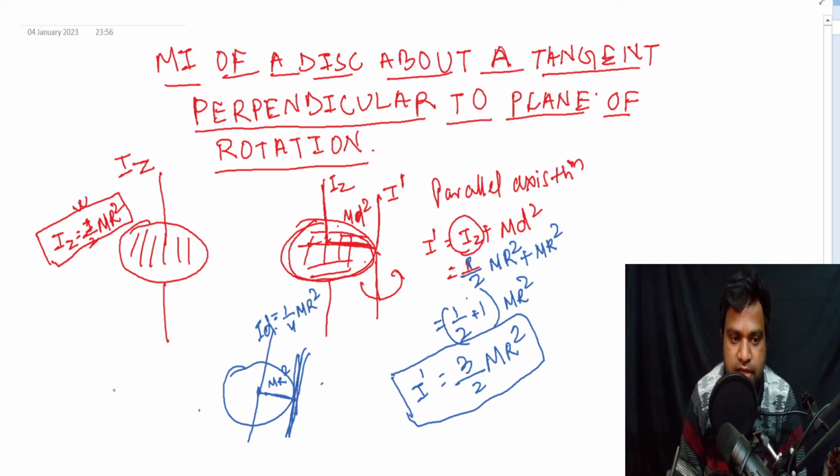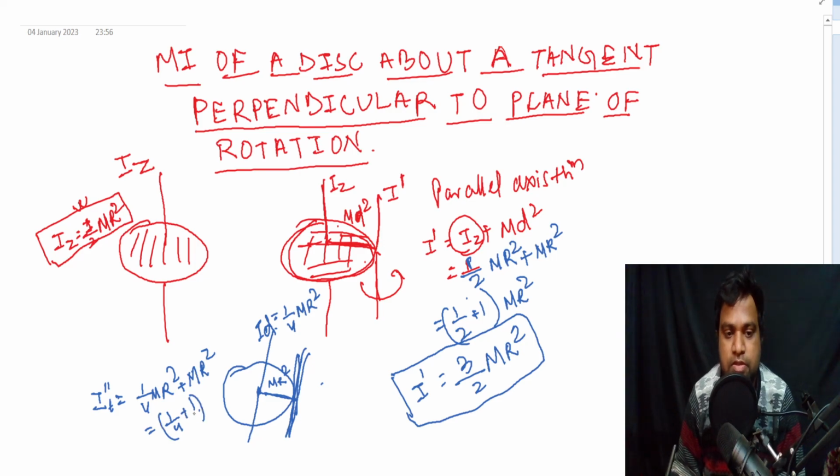So about this tangent axis which is parallel to the diameter, let's say I double dash, you can write this one is 1 by 4 mr square plus mr square. So this one will be 1 by 4 plus 1. So this is 5 by 4 mr square.